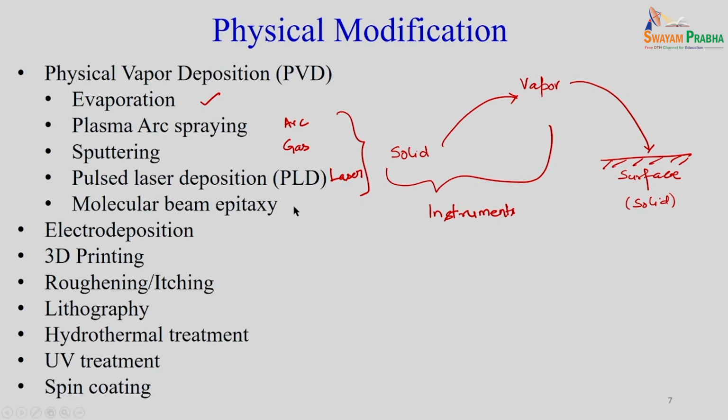In this case, again the solid is coming, epitaxy means it is coming from above and getting deposited. You have a heated crystal surface and it is coming from the top and getting deposited.